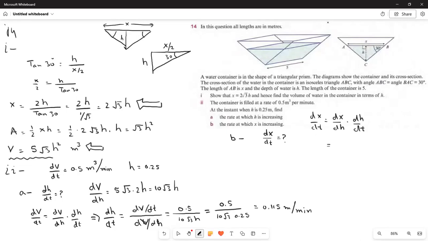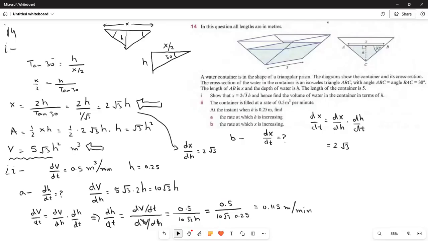What is dx by dh? From here I can see dx by dh is 2 root 3 only. So this is 2 root 3 and dh by dt. Let me simplify this thing. I did it before, but let me do it again.